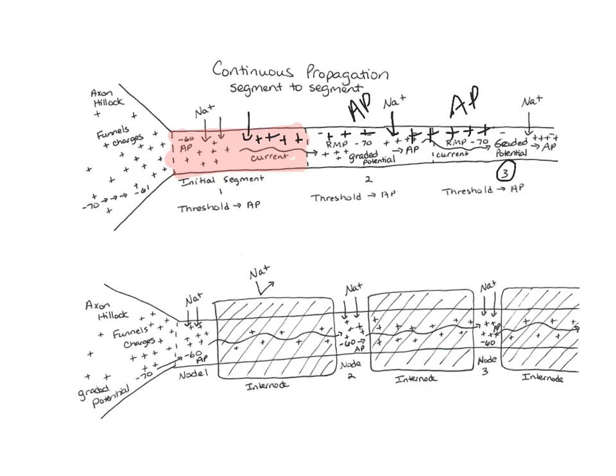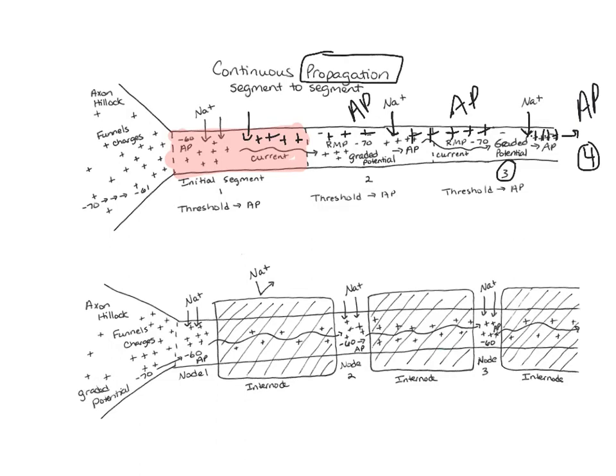And that's just going to keep happening. Sodium ions are going to move in, the positive charges move down to the next segment, and you're going to get another action potential there. And that's just going to keep happening all the way down that axon. And that traveling of the action potentials, when we generate a new one in the next segment down, and then a new one in the next segment down, we call that propagation.